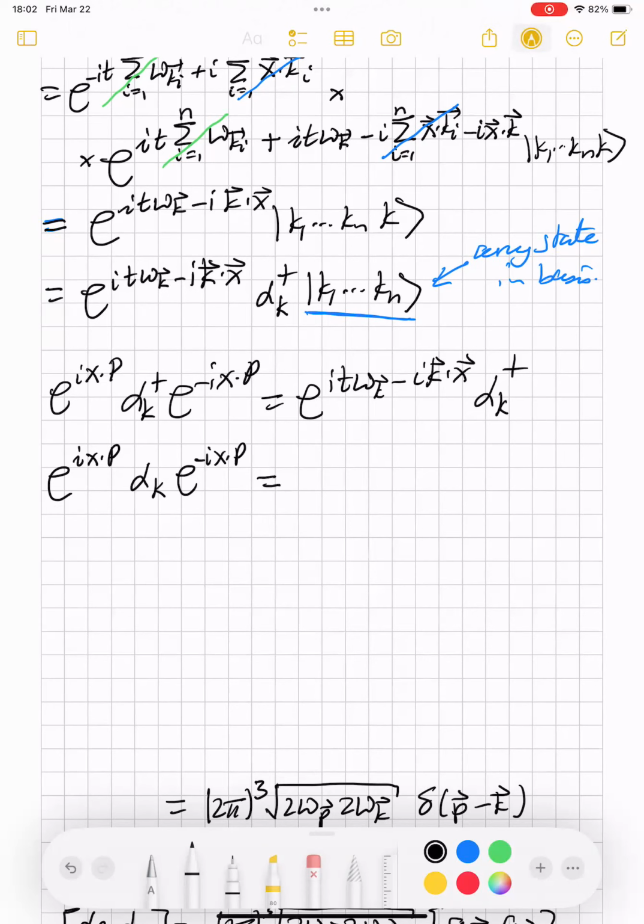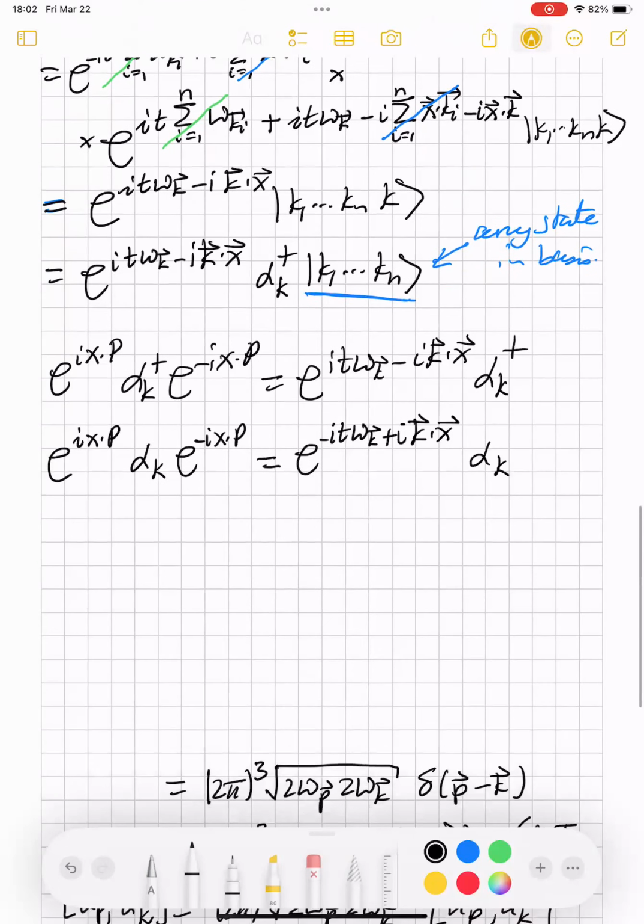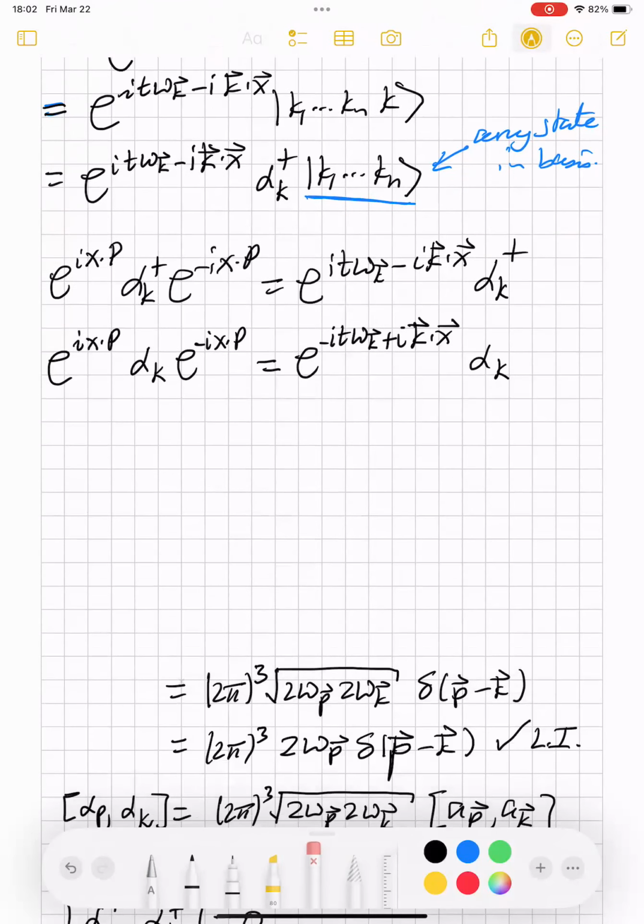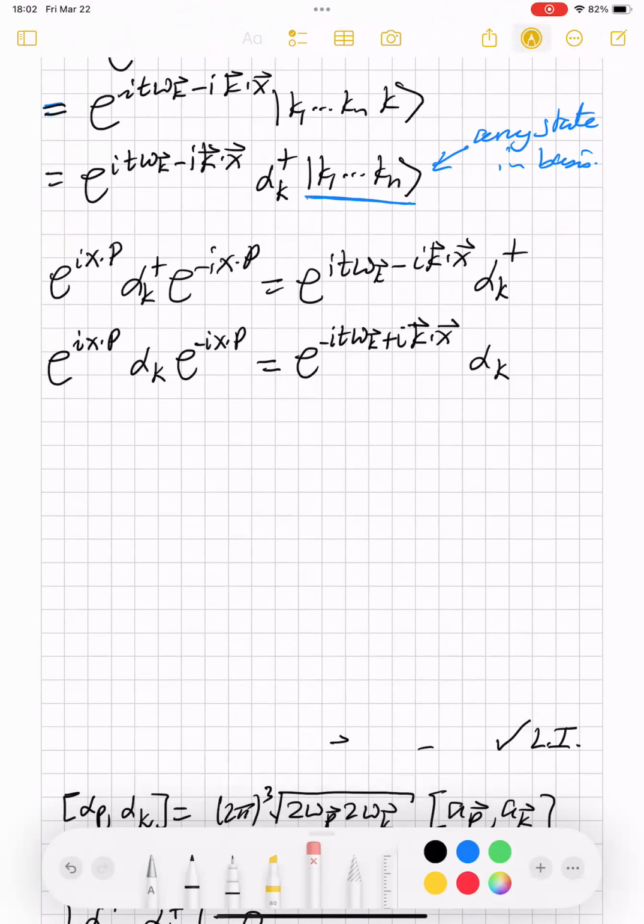This is equal to, daggering means we must complex conjugate, so we get minus i t omega k plus i k dot x. Then we need to dagger the alpha k dagger, which just gives us an alpha k. All right, so we've got those two equations telling us how this operator acts on alpha k and alpha k dagger.